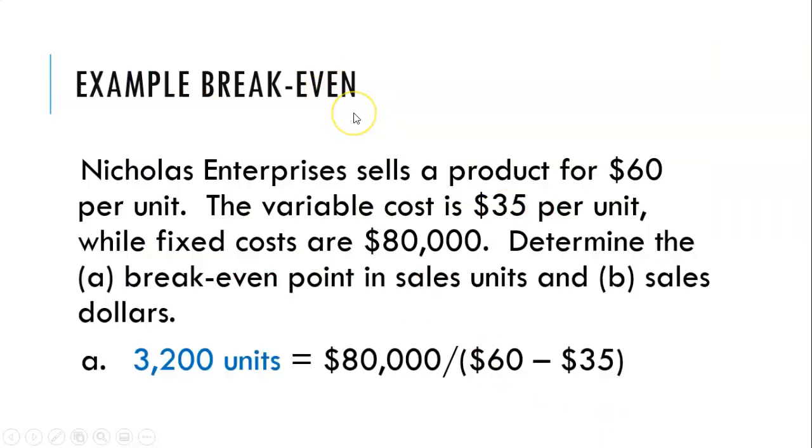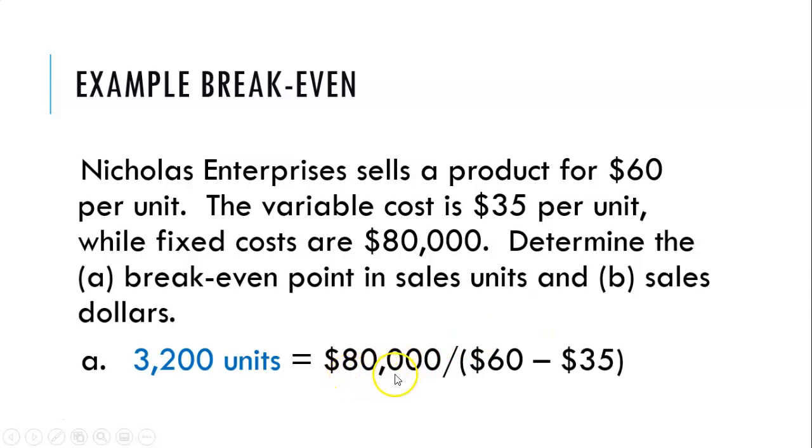Okay, here's another example of break-even. Nicholas Enterprises sells a product for $60 per unit. The variable cost is $35 per unit. Fixed costs are $80,000. We need to determine a break-even point in sales units.